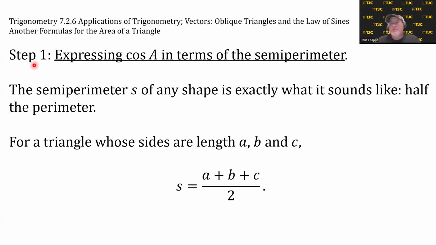Step 1, expressing cosine of A in terms of the semiperimeter. That's a new term, but the semiperimeter, lowercase s, of any shape is exactly what it sounds like, half the perimeter. So for a triangle whose sides are lengths A, B, and C, the semiperimeter S is the perimeter, A plus B plus C, divided by 2.